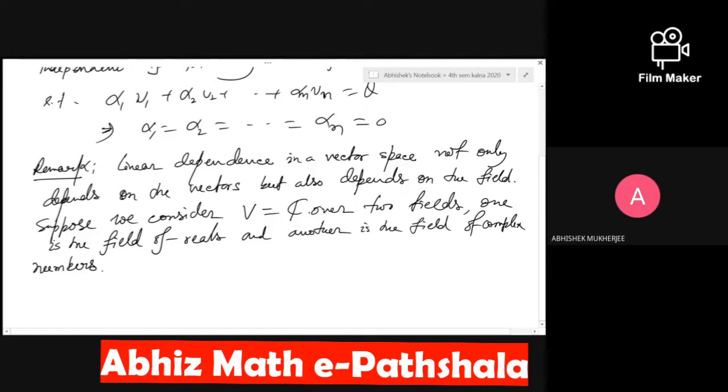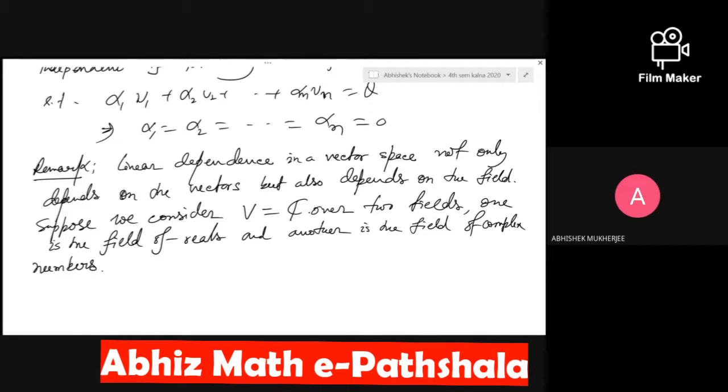In both the situations, the set of all complex numbers forms a vector space over both the fields, the field of reals and the field of complex.